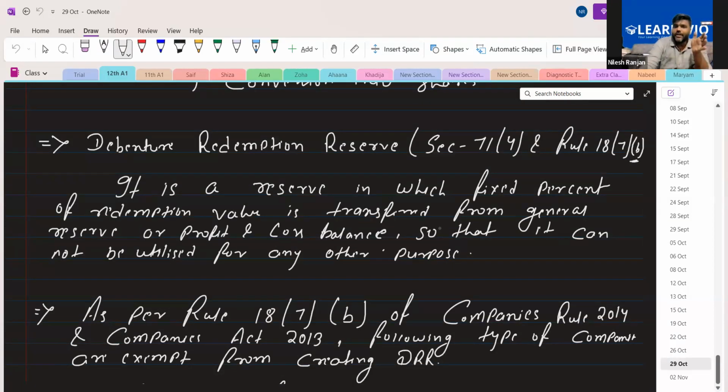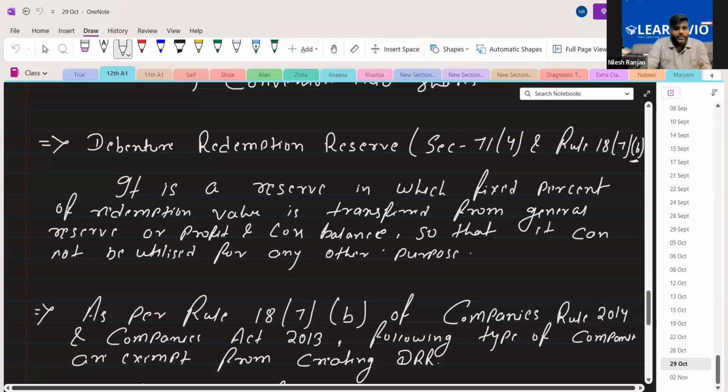Before the process starts, we have to transfer the balance from profit and loss account or general reserve, which is available for distribution of dividend, to a separate account called debenture redemption reserve. And this reserve cannot be used for dividend payment. So we can utilize it only for redemption of debenture, not for any other purpose.